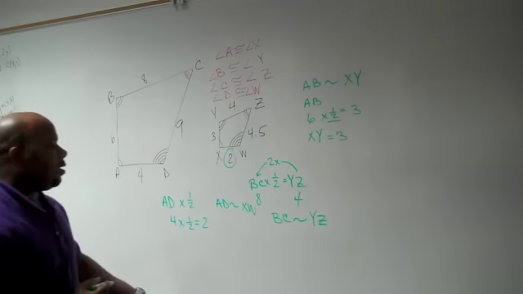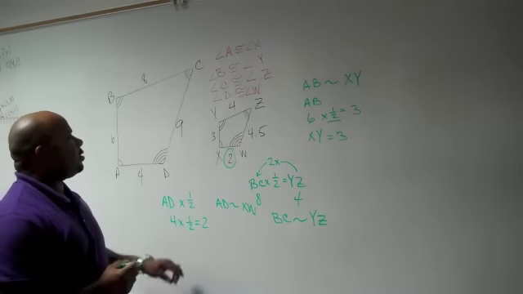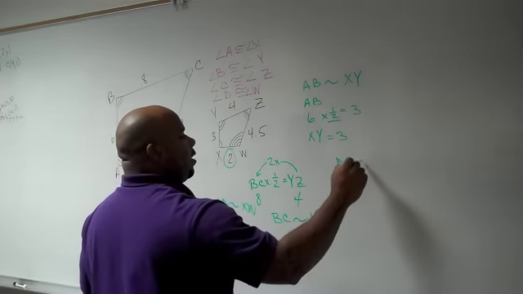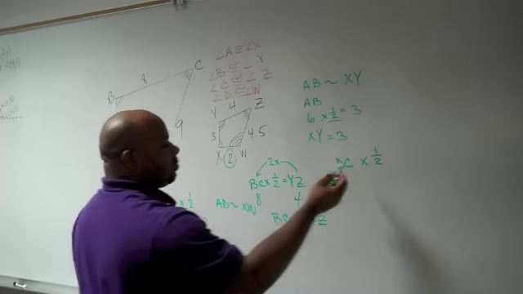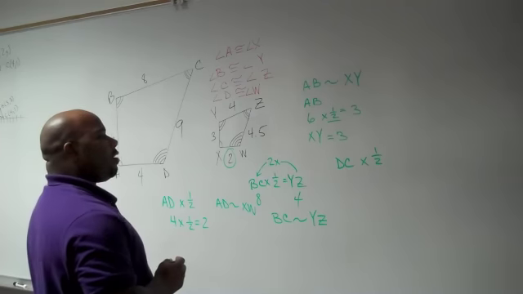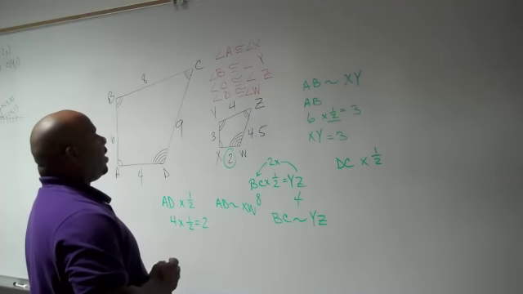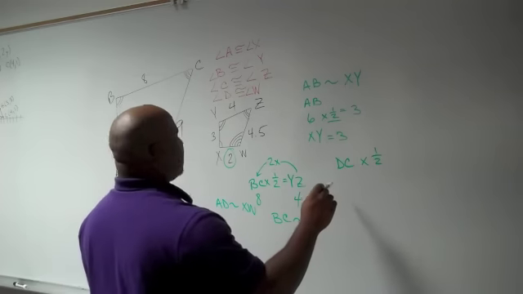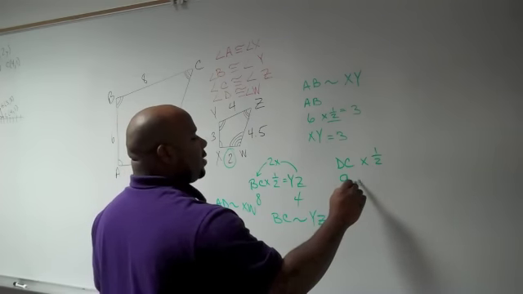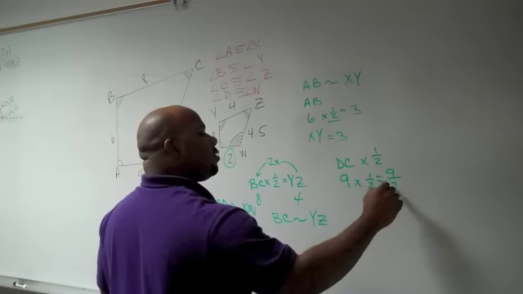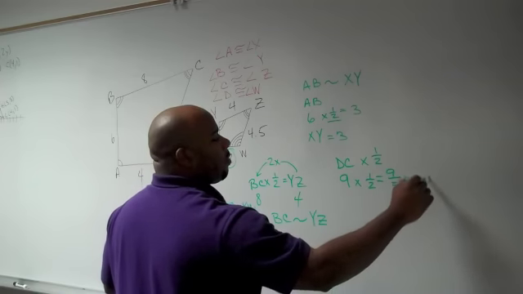Okay. And the last one we want to look at is side DC, and we multiply it by 1/2 because that's been our proportion. As long as they get this number here for WZ, then we know that DC is similar to WZ. So DC is 9. 9 times 1/2 is equal to 9/2 or 4.5.